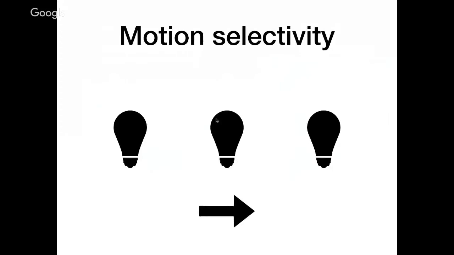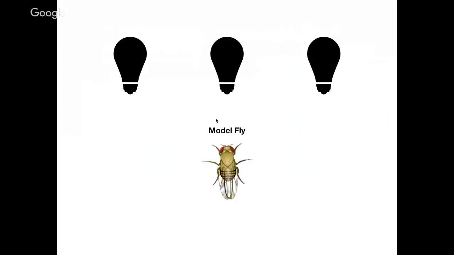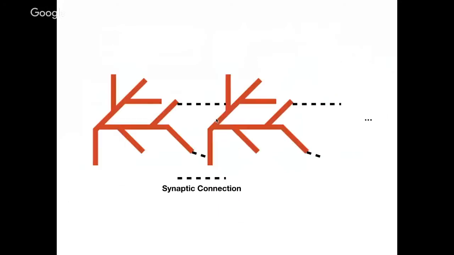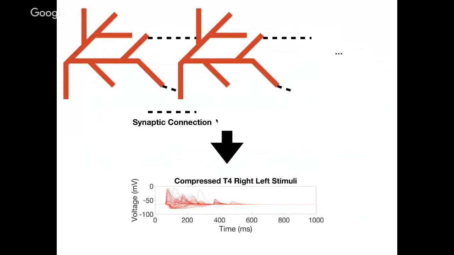So what we did is that we now have this model fly on the computer. This is where we made that whole structure, the neurons and the biophysics associated. We did the same thing, and we introduced the lights to the fly again, in that specific sequence. And obviously, as the fly can see left or right, now we're going to return back to this model and simulate it.